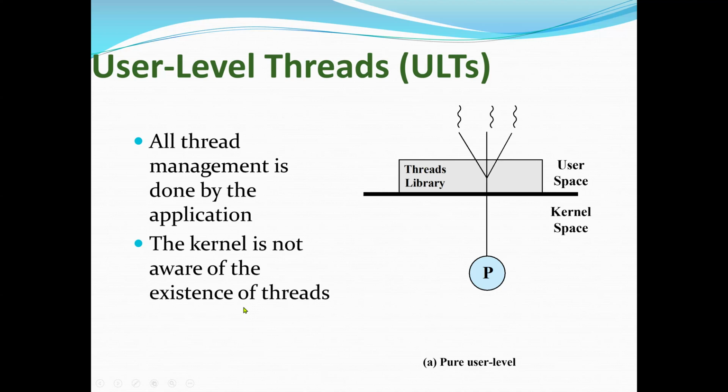By default, an application begins with a single thread and begins running in that thread. This application and its thread are allocated to a single process managed by the kernel. At any time that the application is running, the process is in the running state.